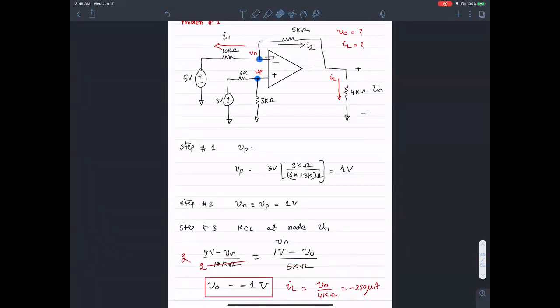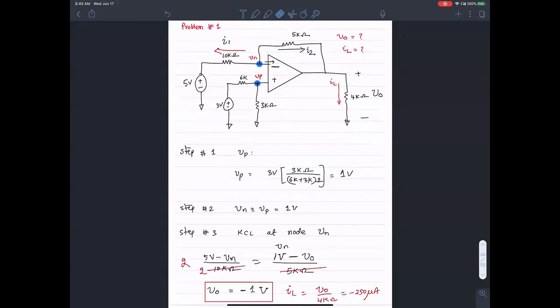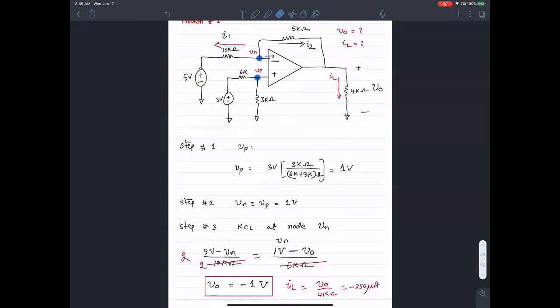So both forms are valid? Yes, both forms are valid and equivalent. That's a good point.